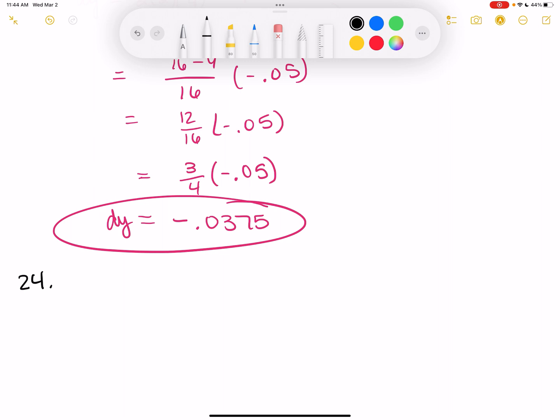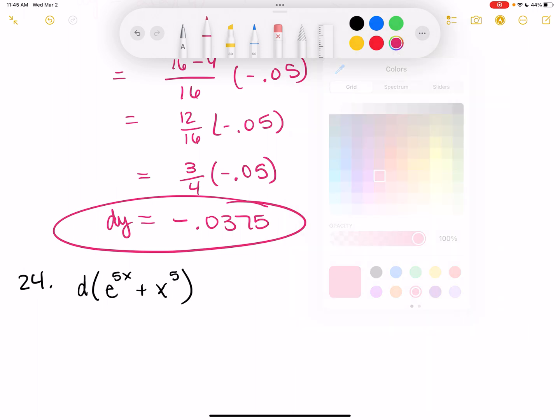Okay, so the next one says to find the differential. That literally just means take the derivative and write a dx at the end. That's all it means. So d of e to the 5x plus x to the 5th. That's just telling you that you're taking the derivative of that. It's a different notation. So what would the derivative of this be?